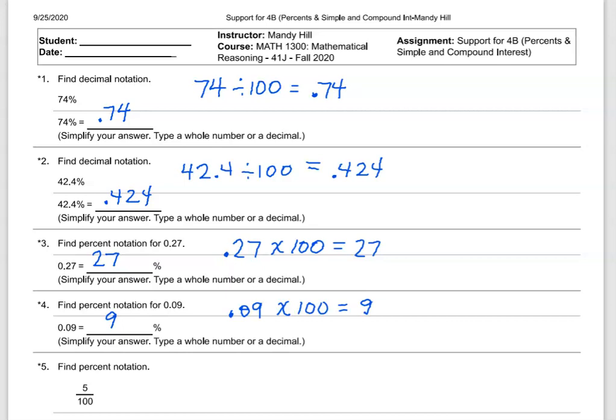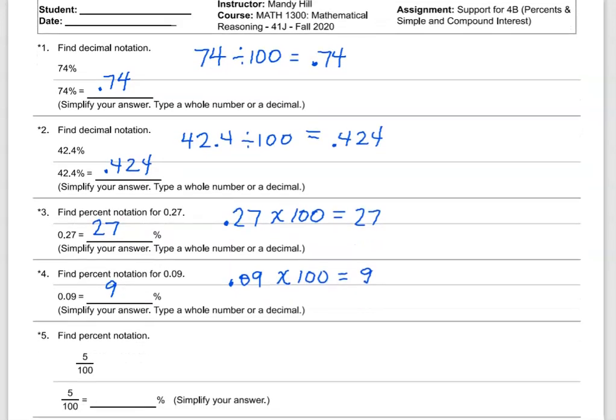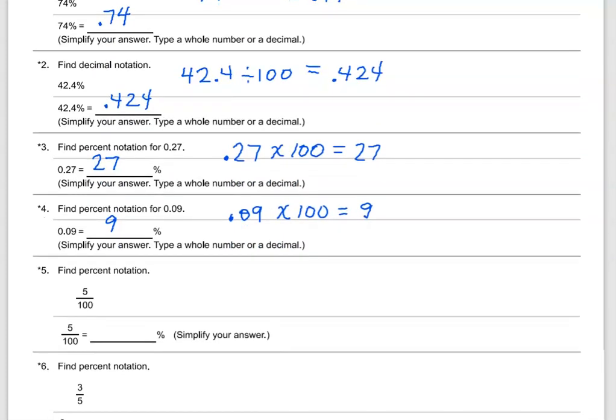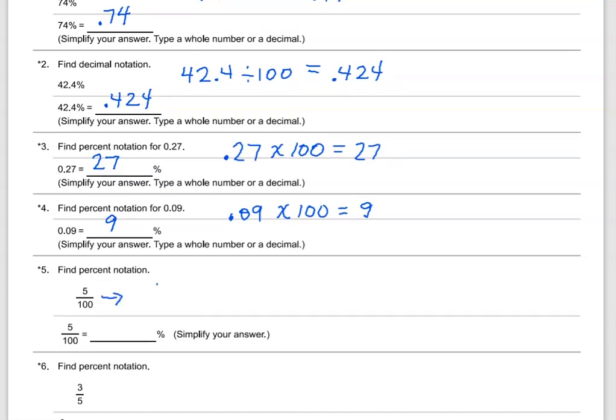Okay. Then we've got down here that we've got a fraction. That's weird. So if I want to make a fraction into a percent, first thing I'm going to do is change it to a decimal. So I'm going to do 5 divided by 100, and it's going to give me 0.05. Now sometimes you can get a decimal for a percent.